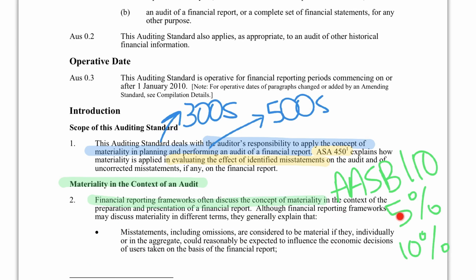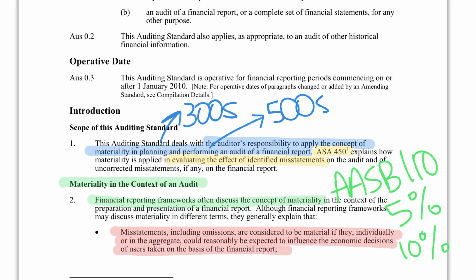So although financial reporting frameworks discuss materiality in different terms, we have the same basic overarching driving principle. Misstatements, including omissions, are considered to be material if they individually or in aggregate could reasonably be expected to influence the economic decisions of users.